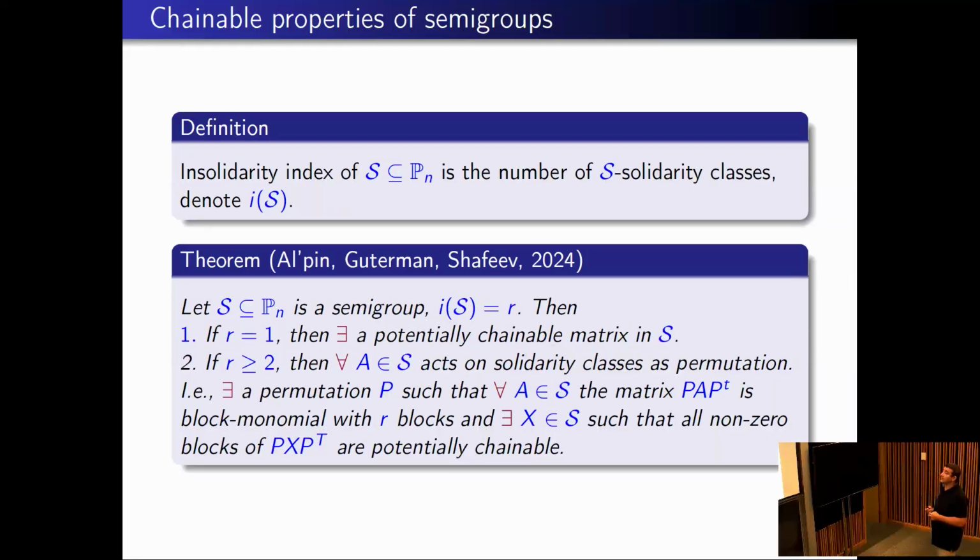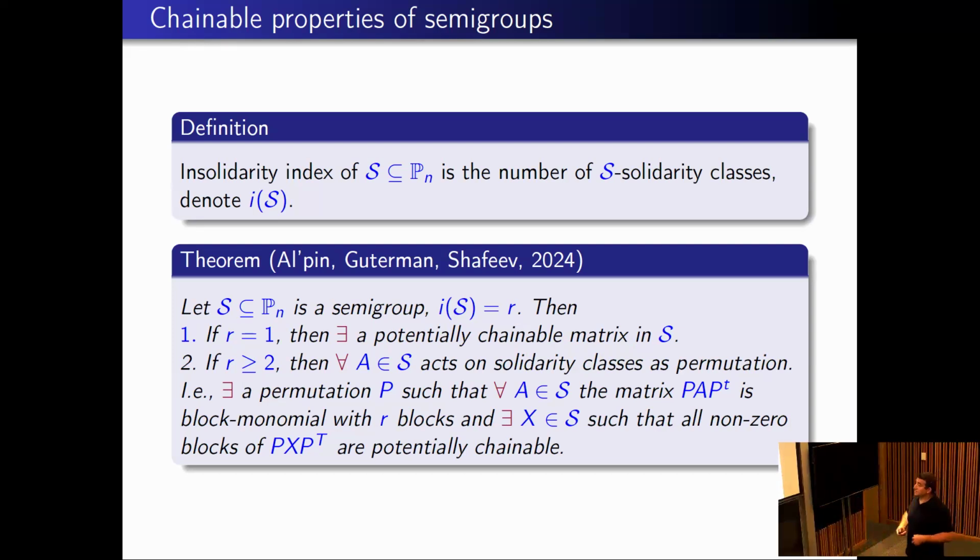And finally, we have a result using this. Previously it was the decomposability index, and now the solidarity index allows us again. Here we only assume non-existence of 0 rows and 0 columns. And remember this Frobenius result, where the original matrix was decomposable and you reduced it to a certain block form with primitive matrices. Here you have the corresponding result for potentially chainable matrices.